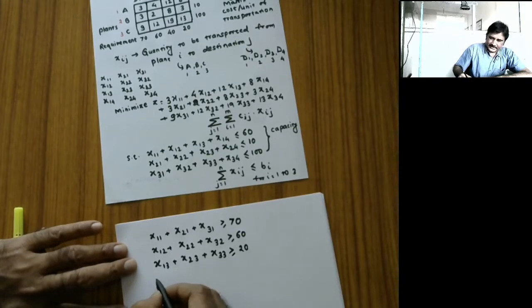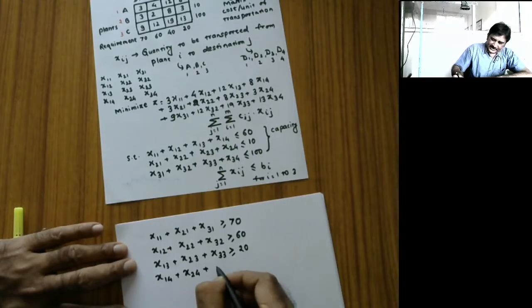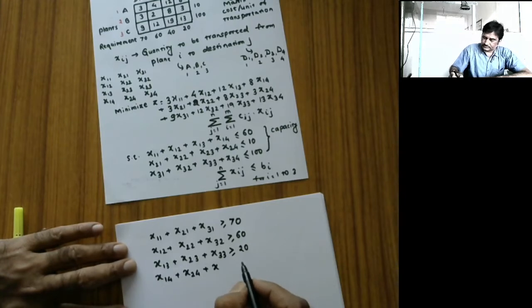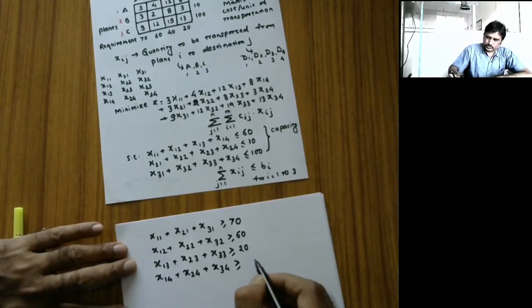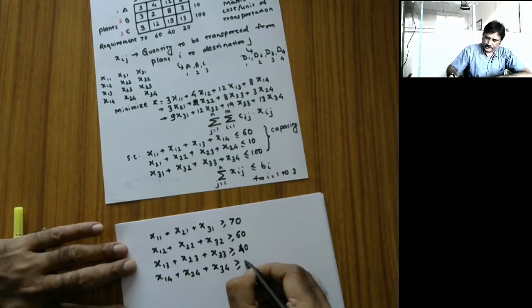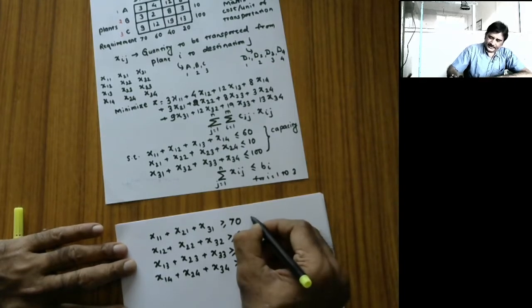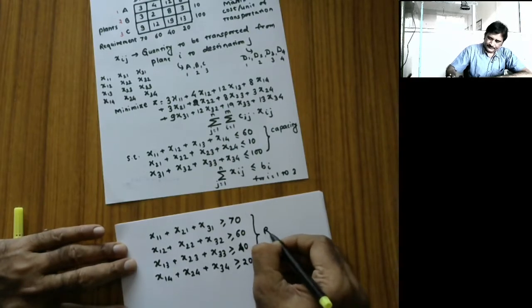And lastly, setting j equal to 4, X14 plus X24 plus X34 should be greater than or equal to, I'm sorry, this was required to be 40 and this is required to be 20. So all these are requirement constraints.